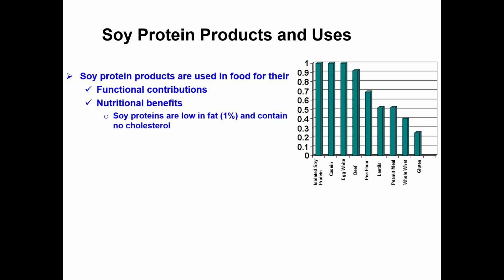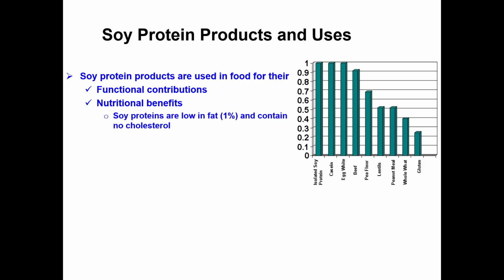But in general, it really resembles eggs, casein, and whey protein. So it remains the king of plant proteins, whether people like it or not.